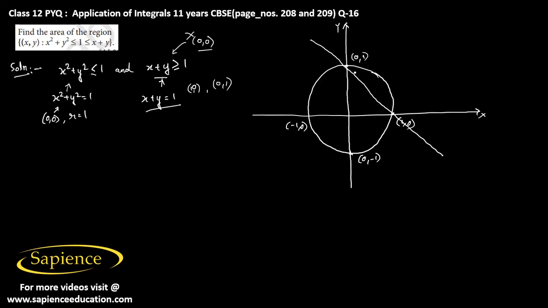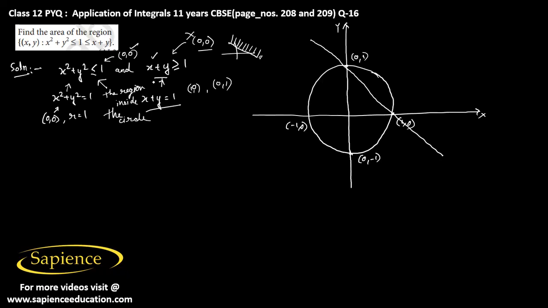That is why this inequality will be the region which is away from the origin, means this part. And this other inequality will satisfy the origin. It means that this inequality represents the region inside the circle.